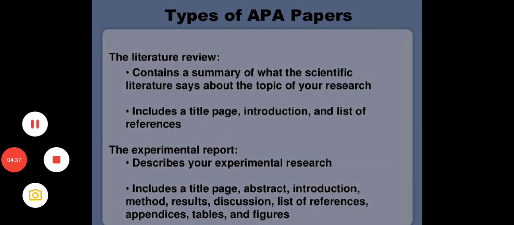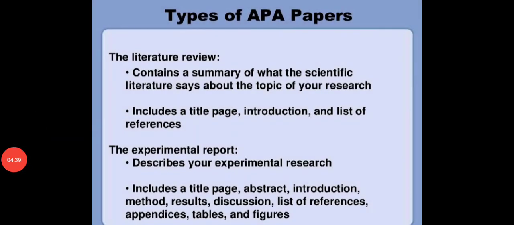The experimental paper or experimental report describes your experimental research. It includes a title page, abstract, introduction, research method, results, discussion, list of references, appendixes, tables, and figures.